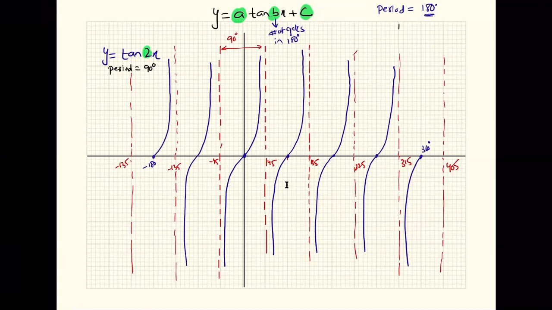Can you guys suggest what will happen if the equation was tan 2x plus 1? The axis would have moved one unit upwards. Yes, the axis, which is this, is going to go 1 unit up.